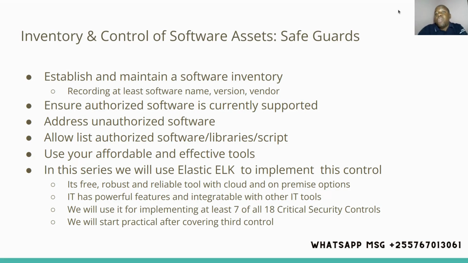If you have the vendor, you know which vendor to contact. And if the vendor has provided some patches or some updates, then you know, I have software from this vendor in my own IT infrastructure. So you may act accordingly. And of course, having this inventory helps you to know the software that is unauthorized in your given IT infrastructure, because you have assessed all the risks and you have validated it.